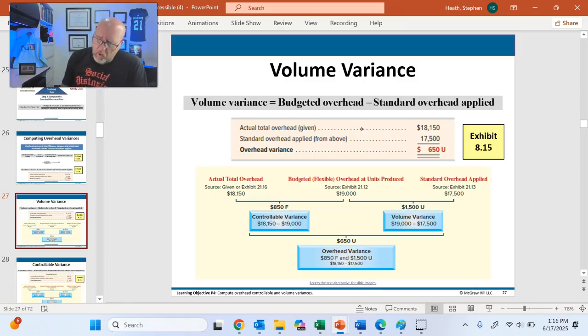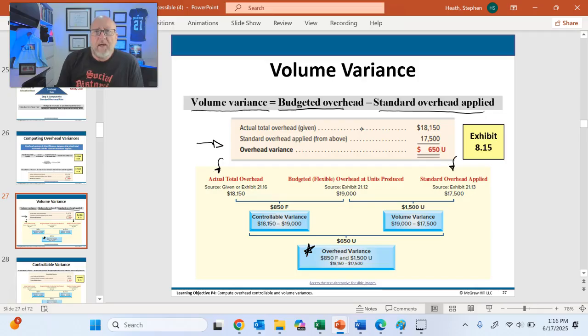Okay, so overhead variance, right? The overhead variance is everything. The overhead variance, again, is standard overhead applied, and I'll get to what that is, minus actual total overhead. So this right here is the overhead variance, which means that budgeted overhead minus standard overhead applied is the volume variance.